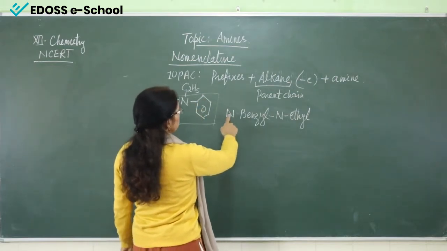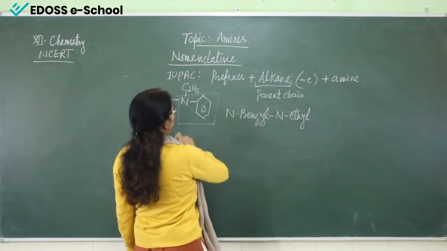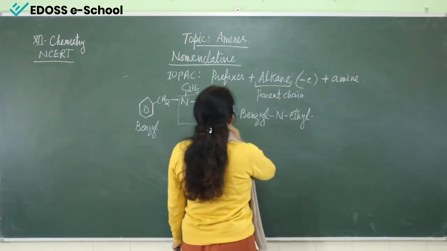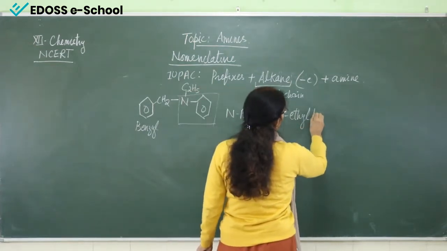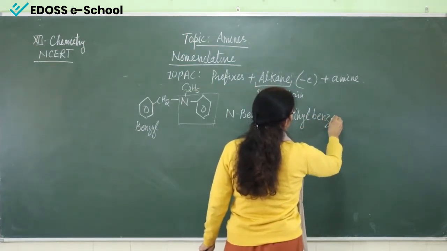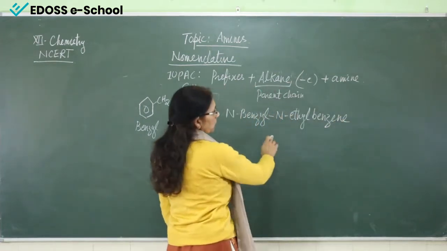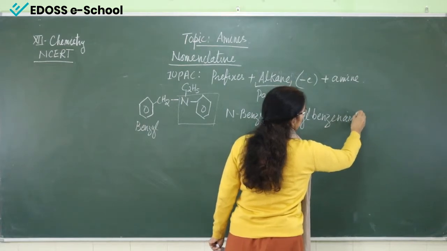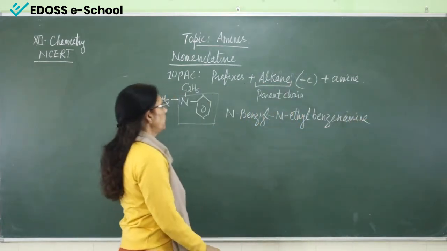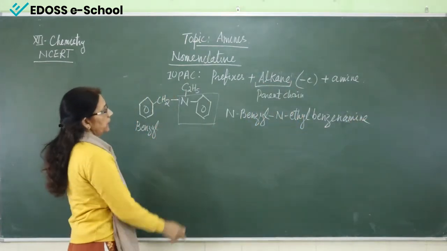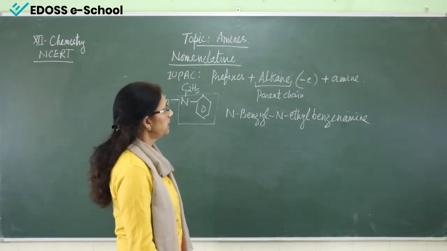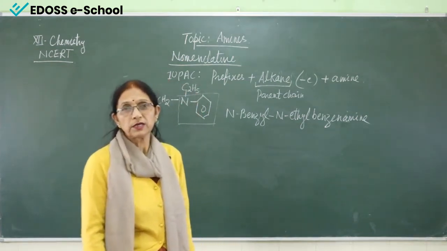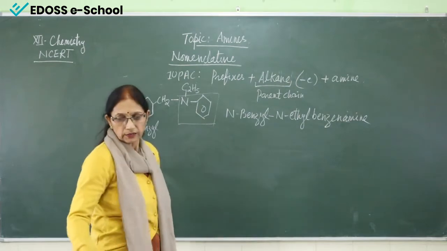Then we will say N-benzyl, N-ethyl, and this is our benzene. Now remove the E from benzene and add amine. So this is the name of this compound: N-benzyl, N-ethyl, benzenamine. One more we can take.